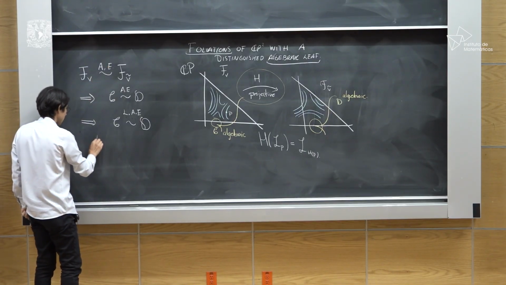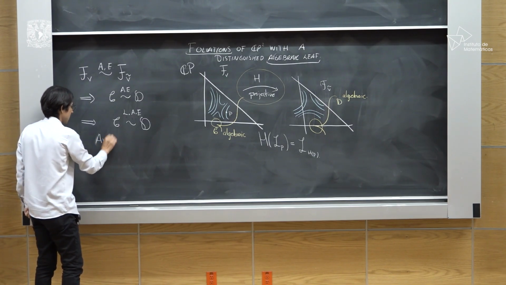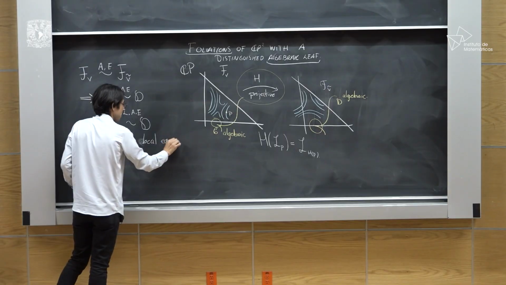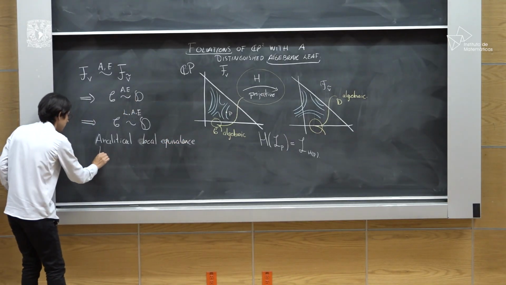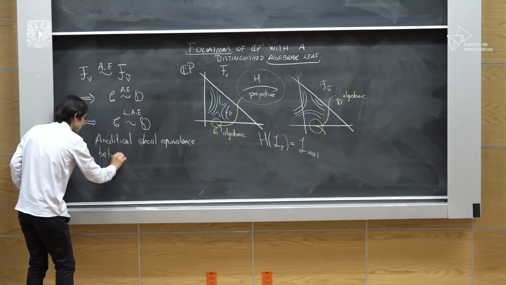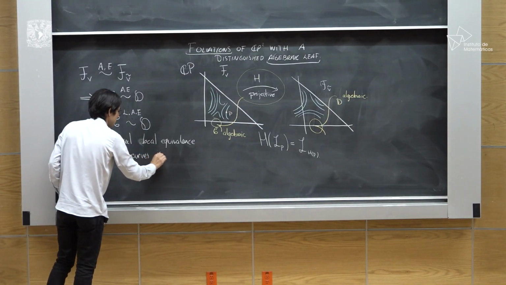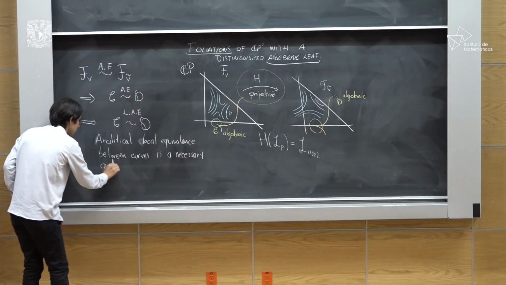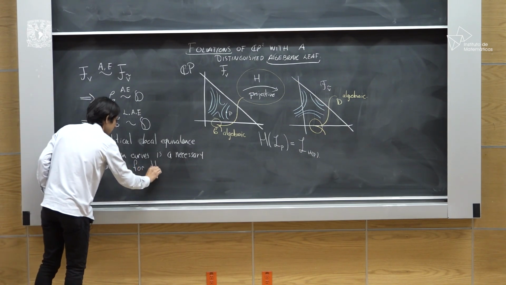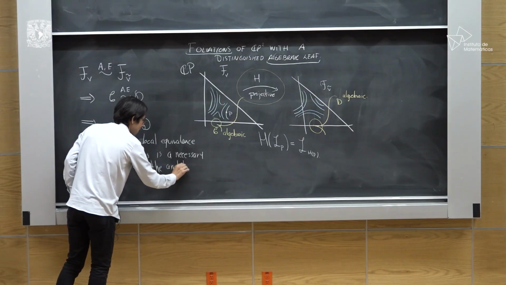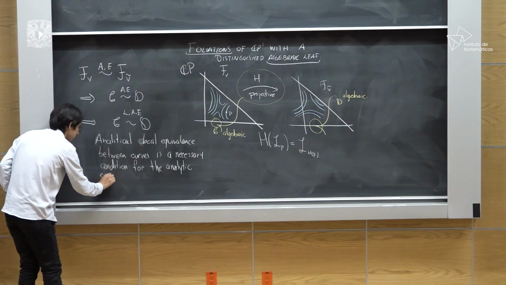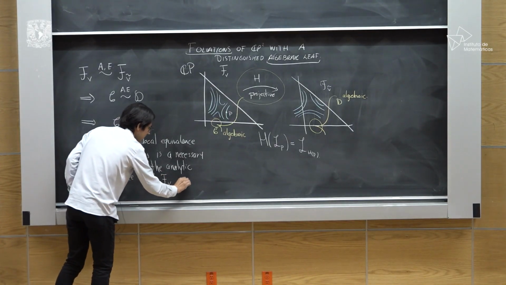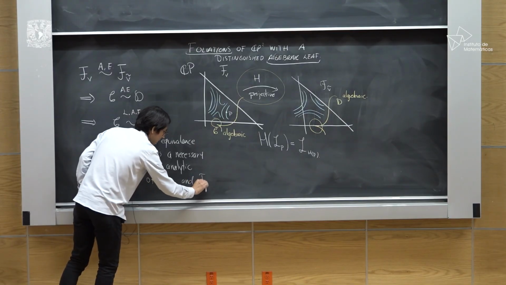So let me put here: analytic equivalence, local equivalence between curves, a necessary condition for the analytic equivalence between foliations.